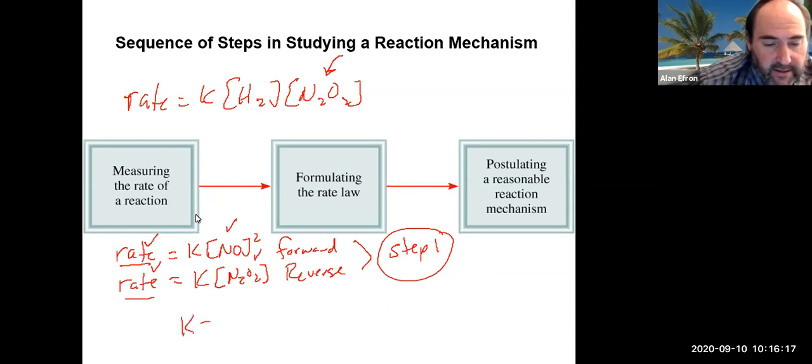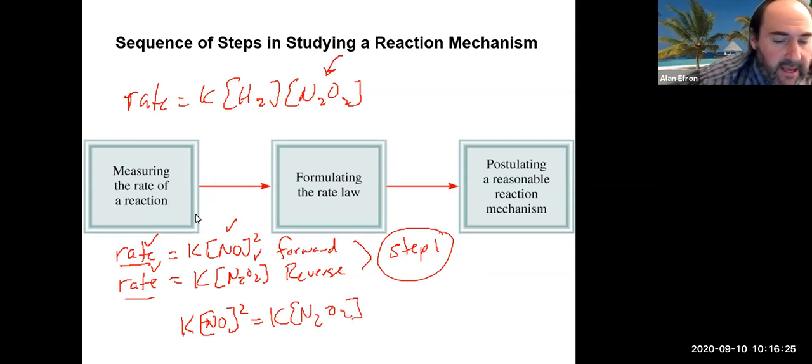So K of NO squared would equal K of N2O2. And the reason I want to do that is because remember up here, what I'm trying to find is a way to get rid of that N2O2. So when I divide the K to the other side, which was K to the minus 1, I think, put the actual number in there.